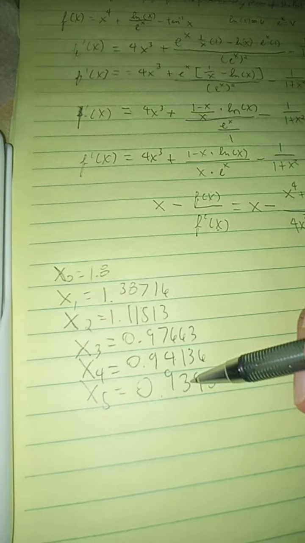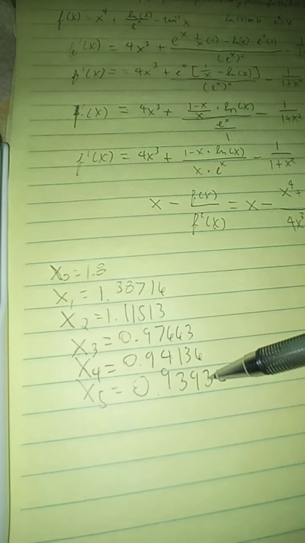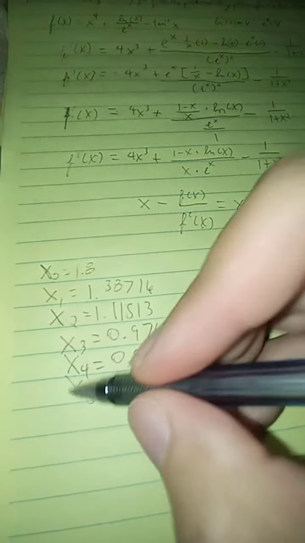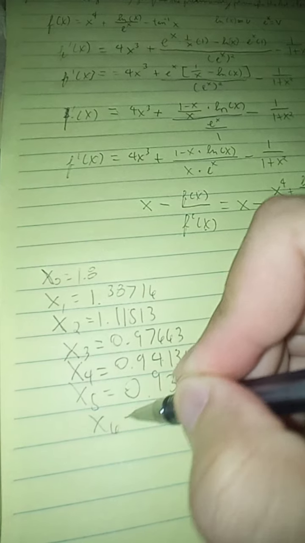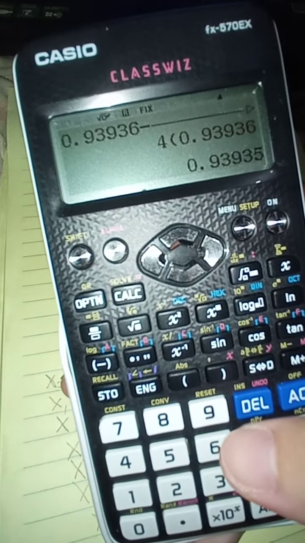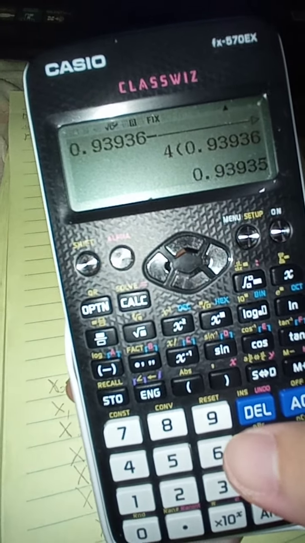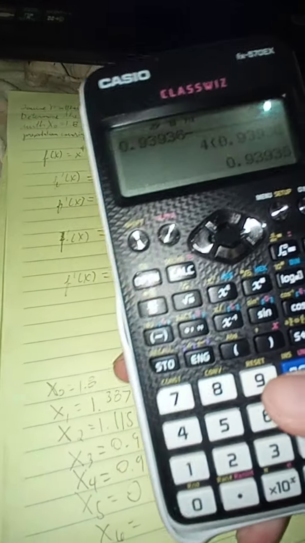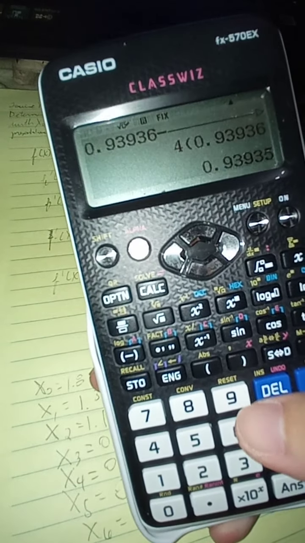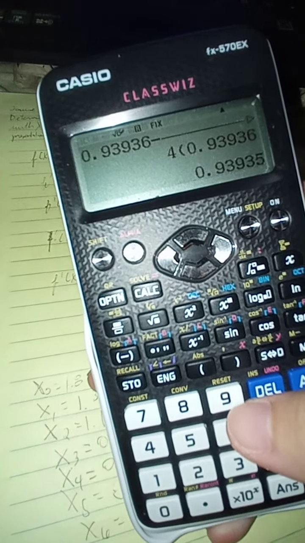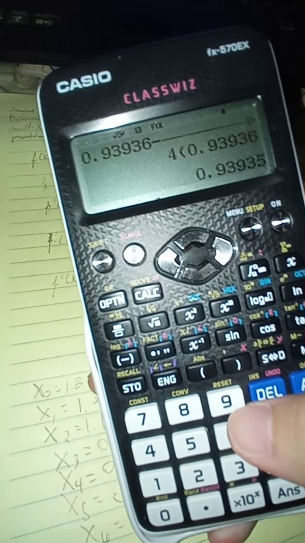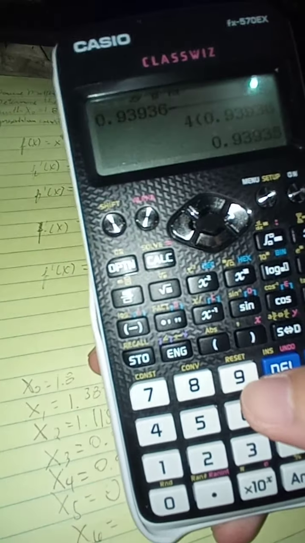For the sixth iteration, we'll be using this value to get the sixth iteration. We already substituted the value of x sub 5 into the equation and we got 0.93935 for the sixth iteration.